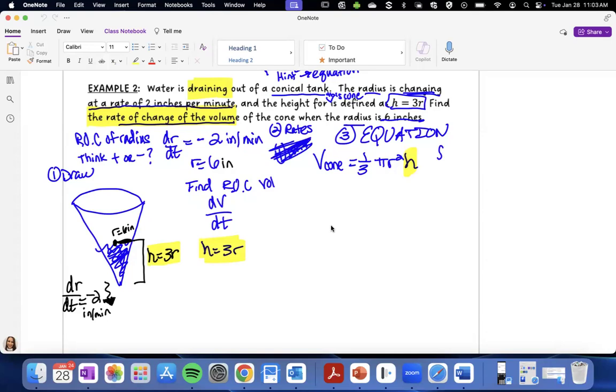Okay, so the volume is 1/3 pi r squared times h, and h is 3r. It tells me that in the problem. And then check out what happens. What cancels? The 3. Yeah, and then 1/3. That's nice. And then what does this simplify to? V equals pi r cubed.